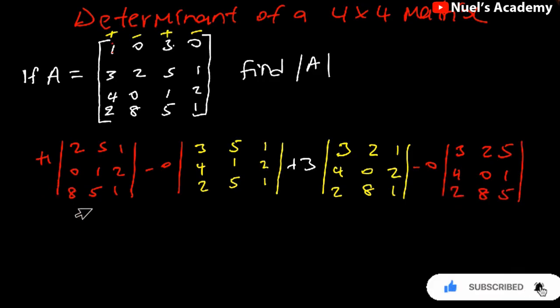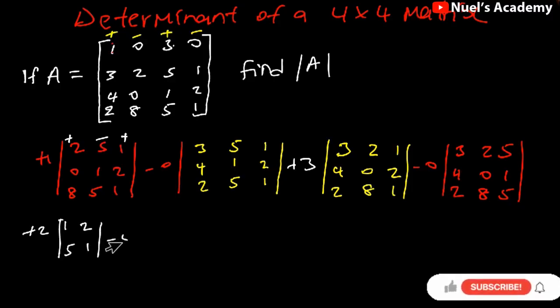So the next step is to find the determinant of this 3x3 matrix. So we have plus, minus, and then plus. So we start with plus 2. Then if you eliminate this first column and then first row, we're going to be left with 1, 2, 5, and 1. Then we have minus 5.